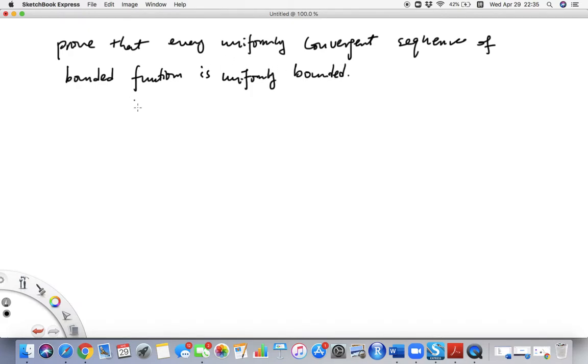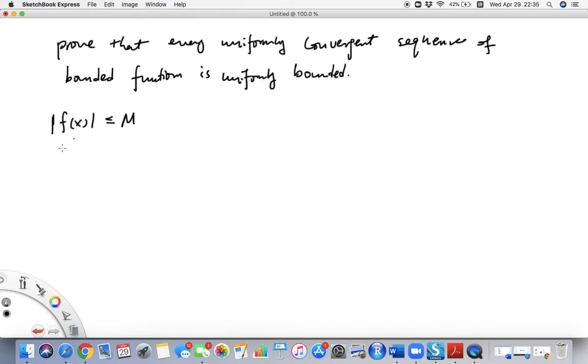Okay, first, what do we mean by uniformly bounded? So we all know what it means for a function to be bounded, right? Say |f(x)| is less than or equal to M. So that's bounded, right? It doesn't matter what x is, but f is always bounded by this number.